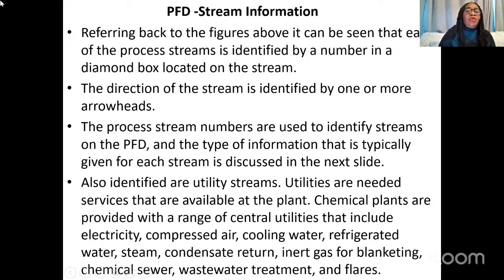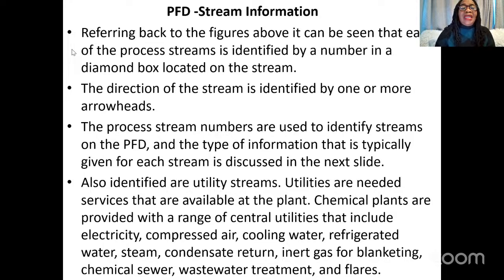So now, let's look at stream information. We have just looked at process topology relating the flow to equipment. Now, referring back to the figures above, we're going to still be going back to those figures.